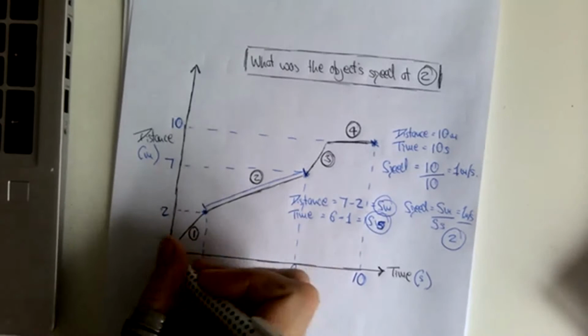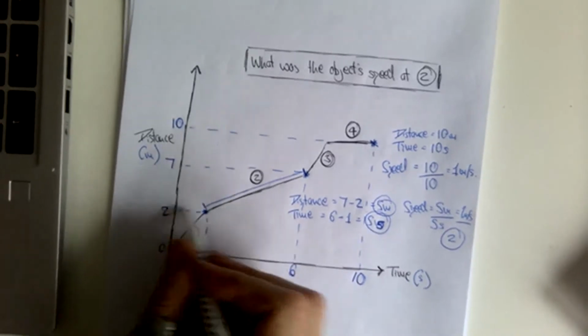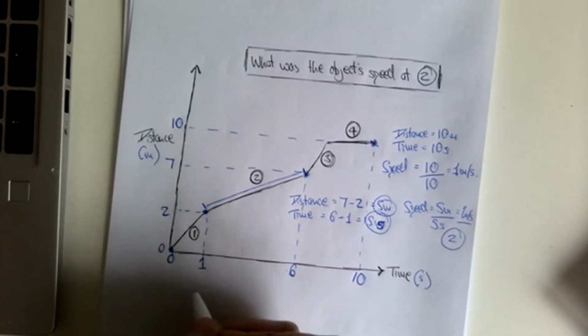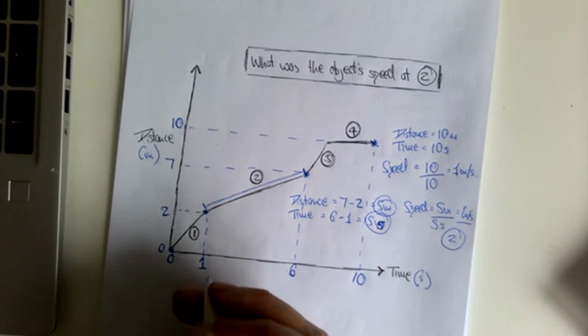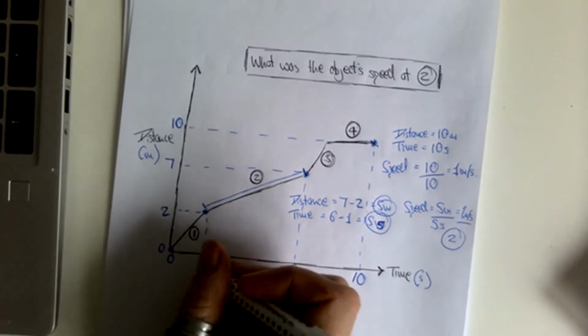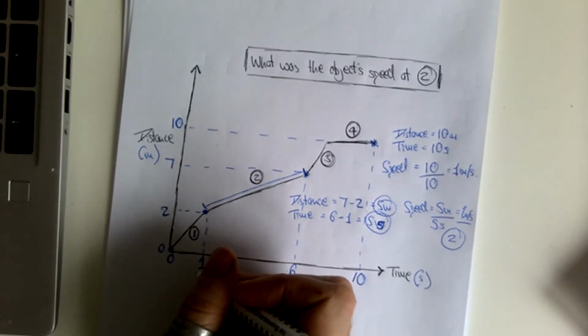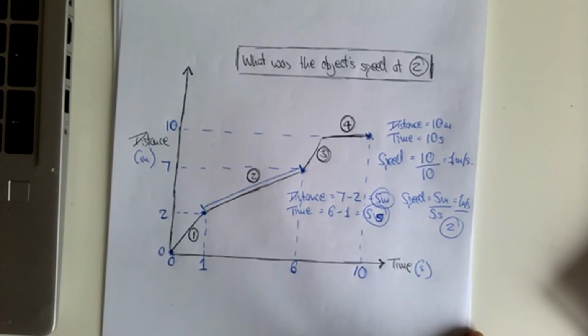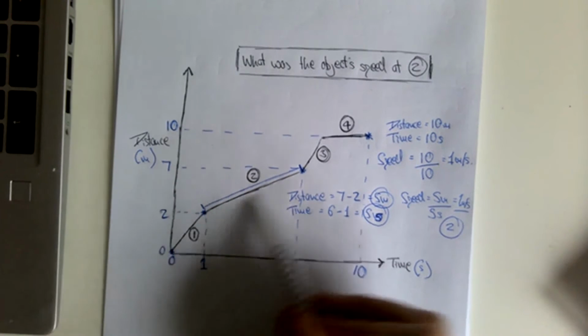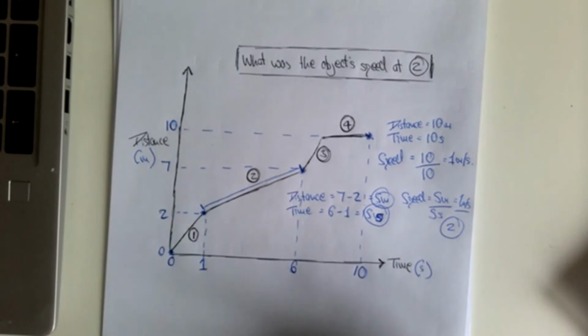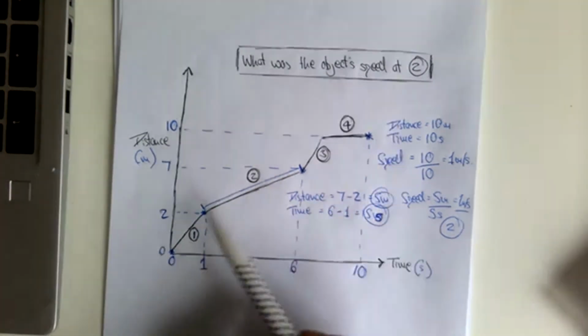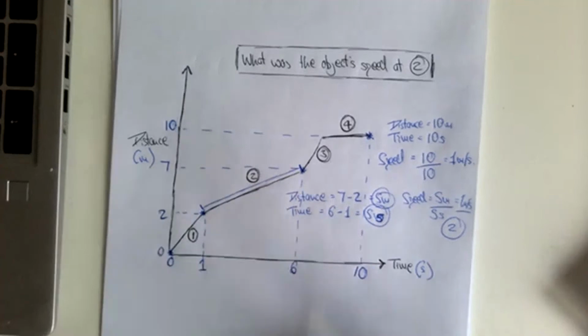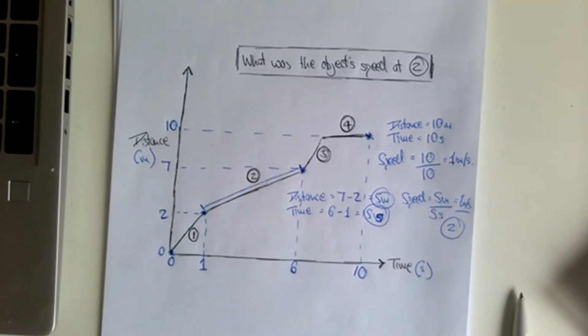Whereas at 1, we know that our start point is 0 and 0, and our end point is 2 and 1. No, let's ignore that bit for now. We don't need to complicate this. But in general, that's how you go about working out the speed of an object at a set place on a distance time graph.